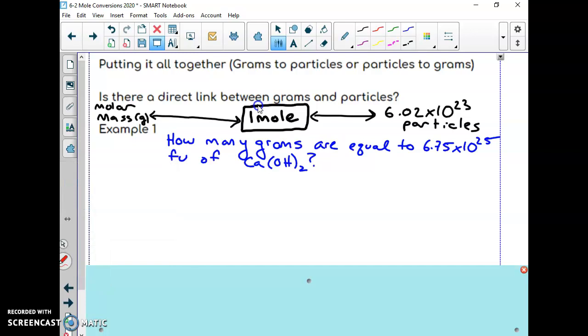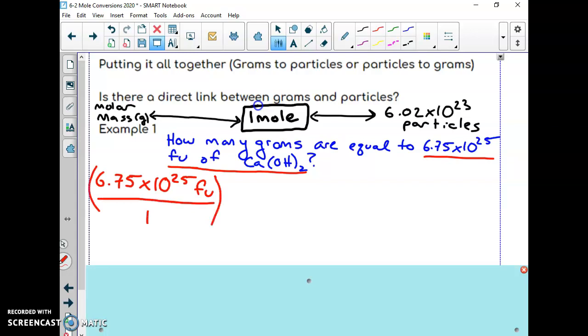So now with example 1: how many grams are equal to 6.75 times 10 to the 25th formula units of calcium hydroxide? So we have our number, 6.75 times 10 to the 25th formula units of calcium hydroxide, over unitless 1.